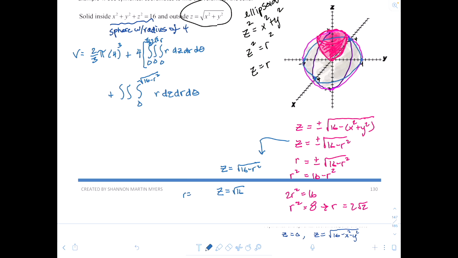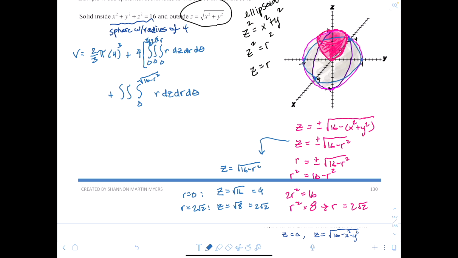This is for r equal to 0. Z would be 4, right? For r equal to 2 root 2, that would be z equal to, well, 2 root 2 squared was 8, right? So again, you'd have root 8, and you would get 2 root 2.